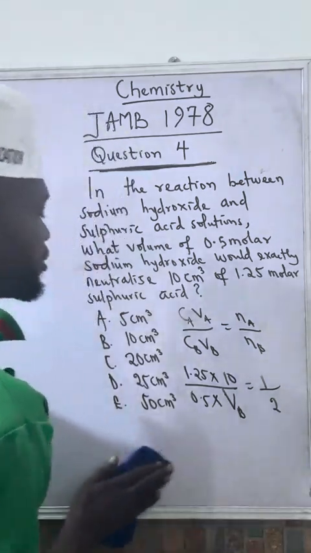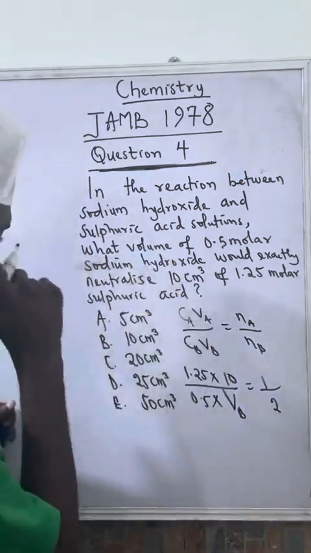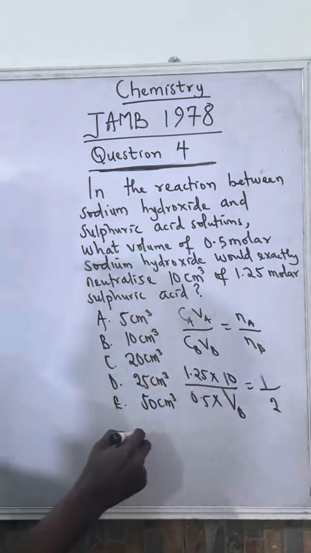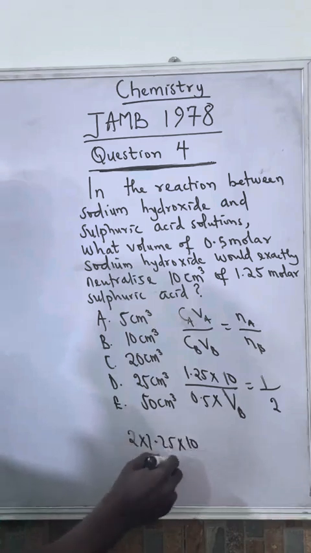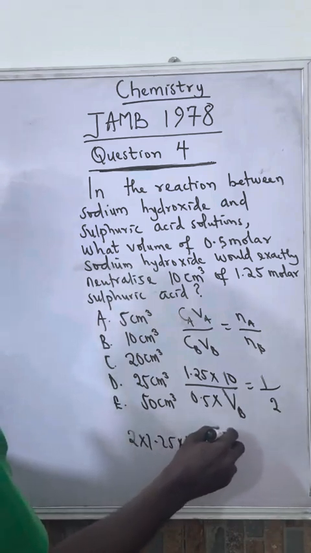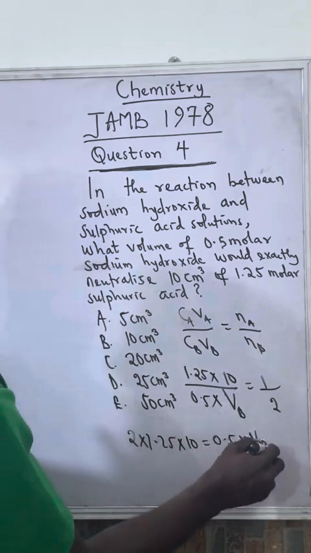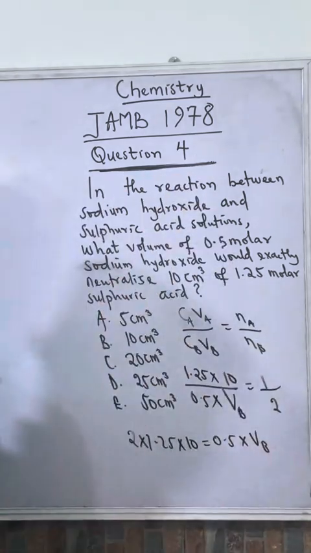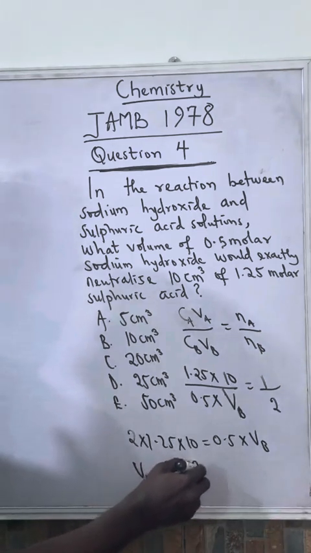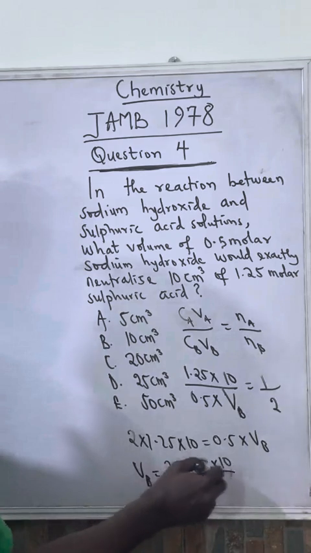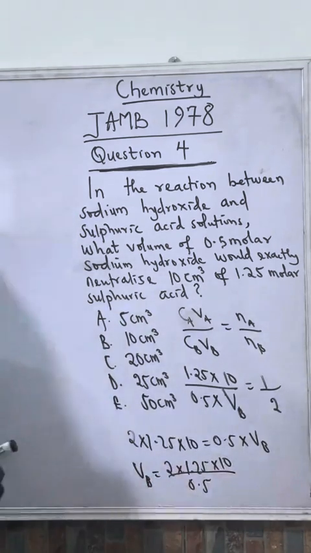From here, I can cross multiply. So I will have 2 times 1.25 times 10 equal to 0.5 times Vb times 1. Nothing will change, so Vb will be equal to 2 times 1.25 times 10 divided by 0.5.